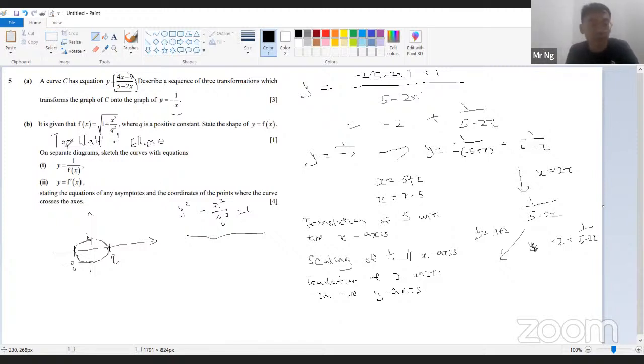Okay, it's a hyperbola. Also, it's still the top half of a hyperbola. Unless there is a plus, then it is an ellipse. So this thing is wrong.